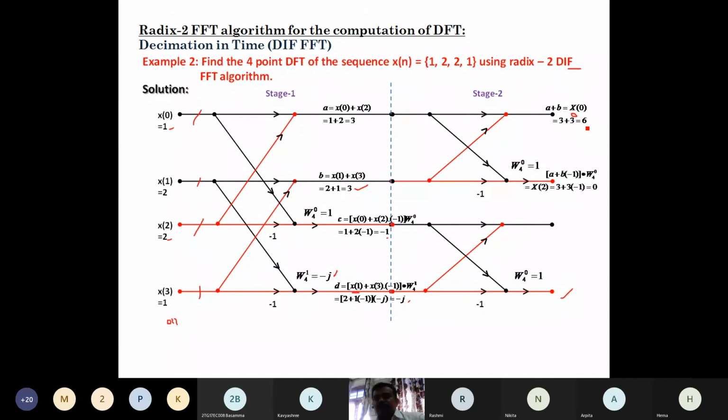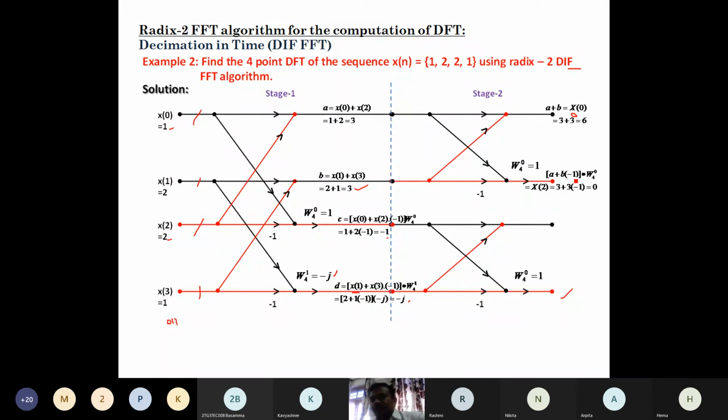What about the second line of the first butterfly in stage 2? The second line is always changing its values. So the input line, first line remains as it is, A plus. What about B? B is changing its value. B at the input side becomes minus B at the summing point. Therefore it is minus 1.